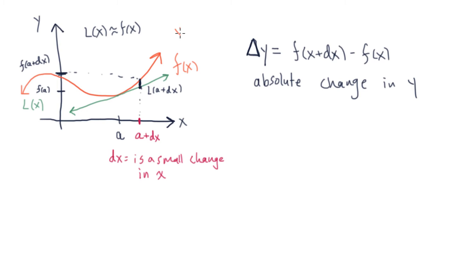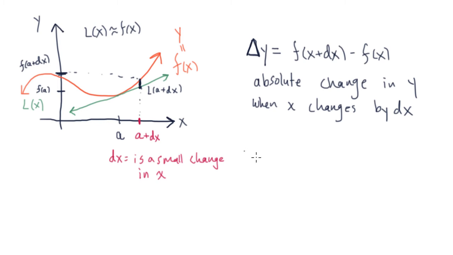So we'll think about y as being actually the dependent variable given by f of x. So this is the absolute change in y right here when x changes by dx. Okay, so dx again is a small differential change, and then delta y is the absolute change in the function.